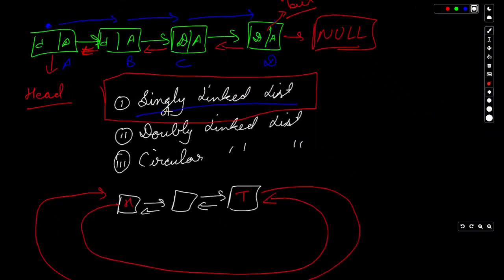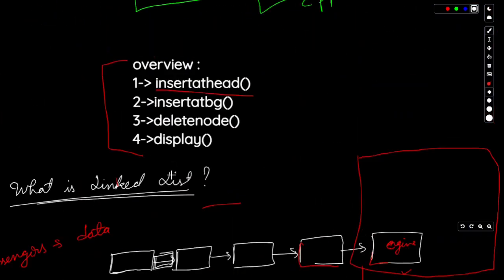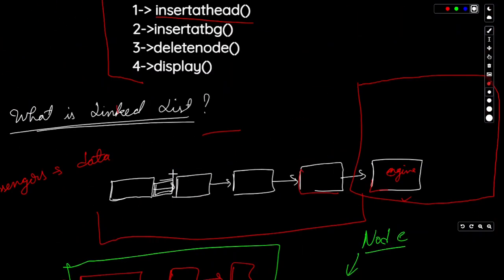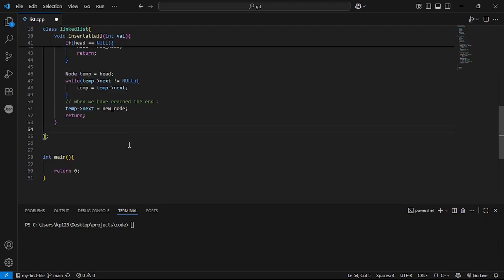Now the other function that I have to make is to delete a particular node. Okay, so if we want to delete a particular node, we will be deleting it by value.